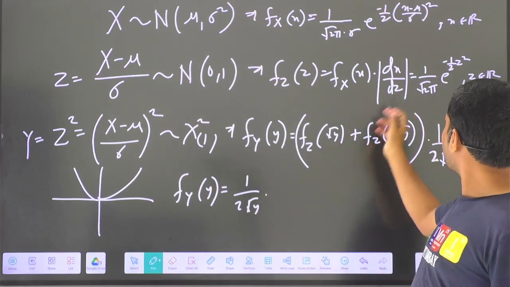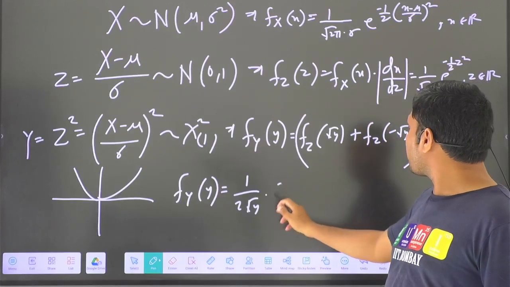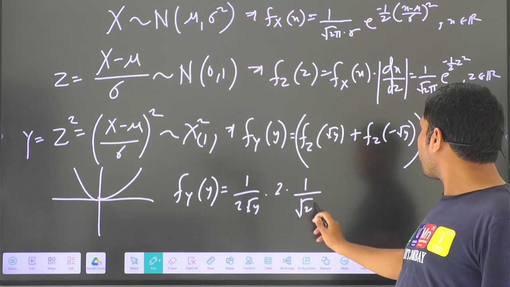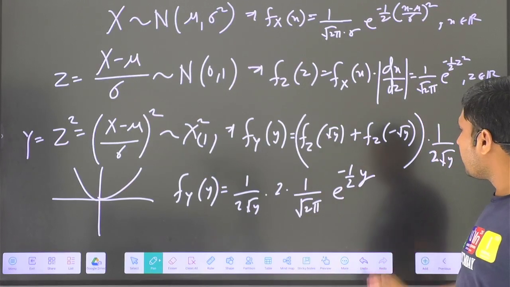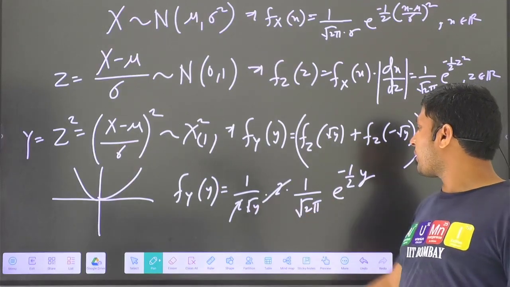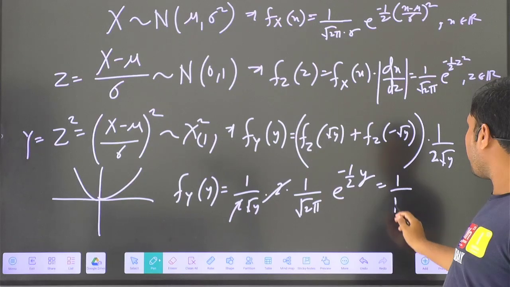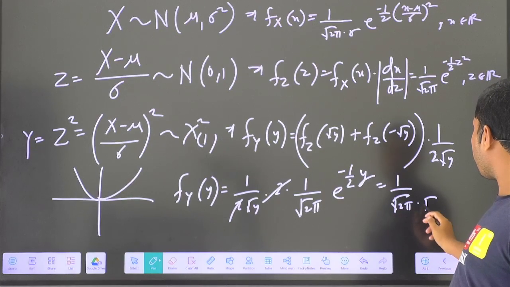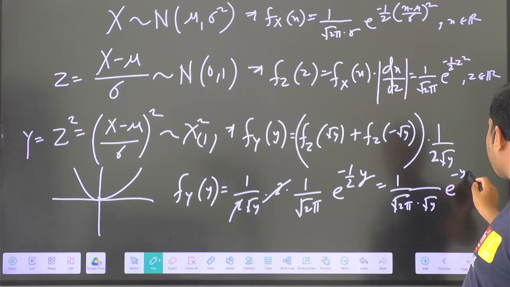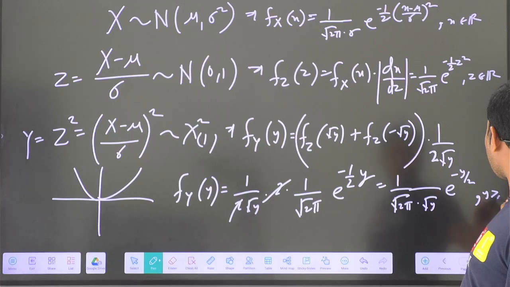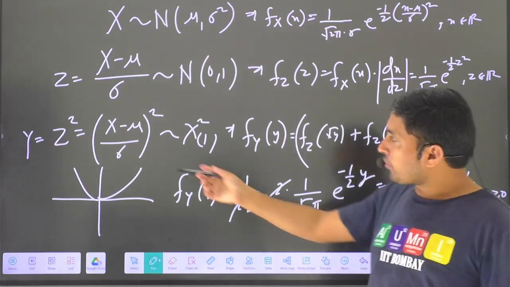And if you write both, you will have the same thing: 2 times 1 upon root 2 pi e raised to power minus half y. So after simplification, this 2 cancels. So it's 1 upon root under 2 pi, root under y, and e raised to power minus y by 2, y is more than or equal to 0. So this is the PDF of that y.